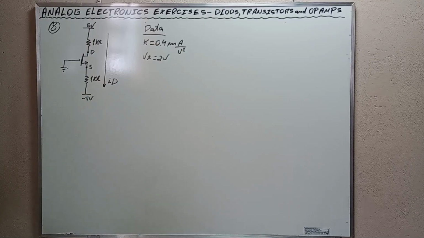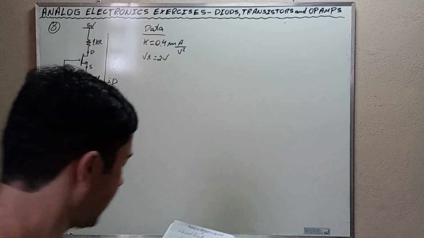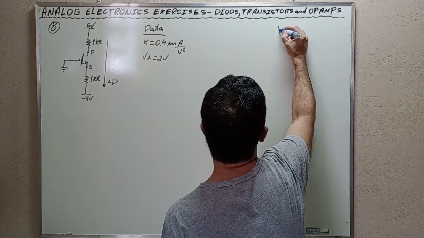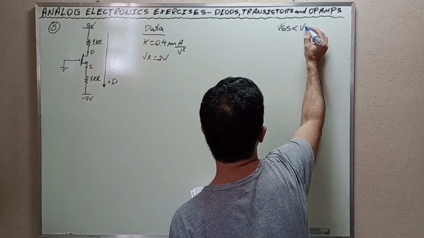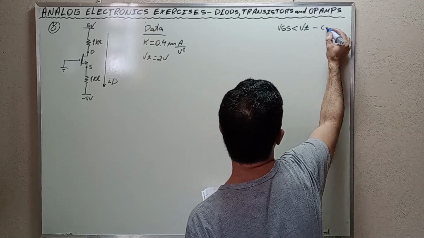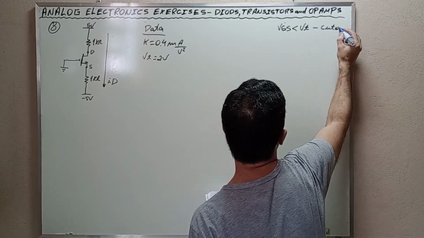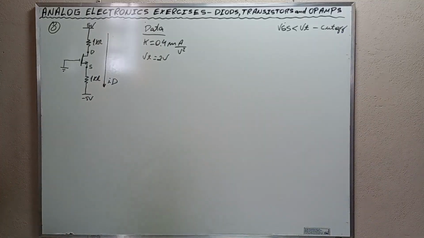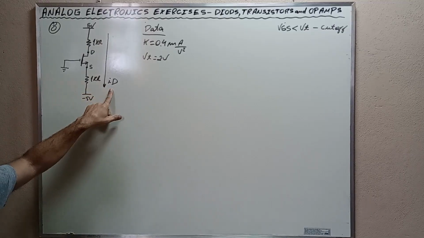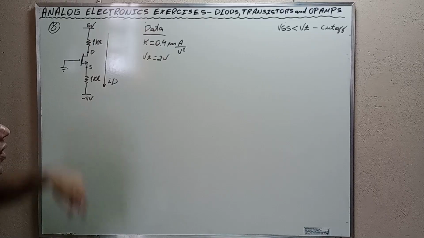And for the MOSFET, when VGS is less than VT, the device is in cutoff. What does it mean? It means that ID is 0. No current passes here. When VGS is less than VT, the channel is not open.